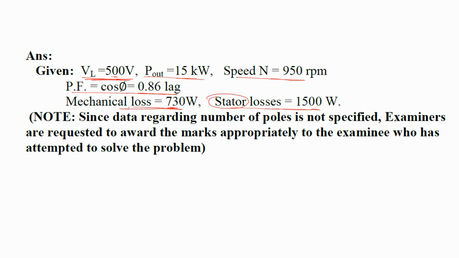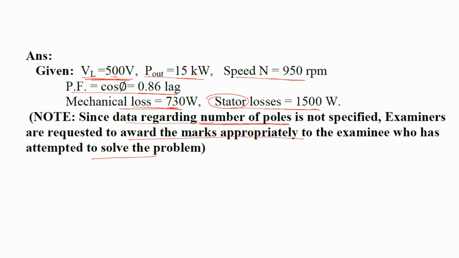Now one point is not given, that is the number of poles. Because we have to calculate the slip, and for slip we need the synchronous speed, and to calculate synchronous speed we need the number of poles. Since the data regarding number of poles is not specified, examiners are requested to award the marks appropriately to the examinee who has attempted to solve the problem.